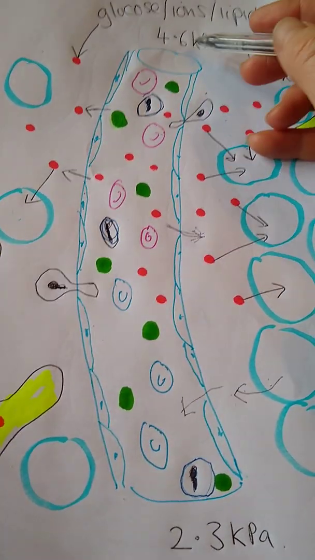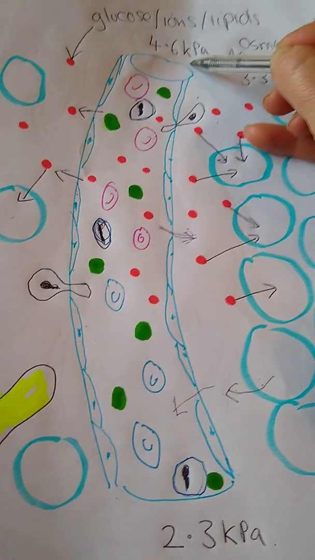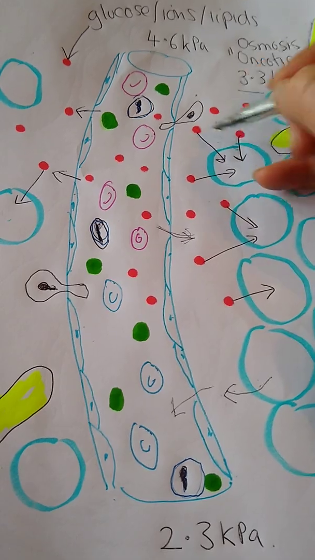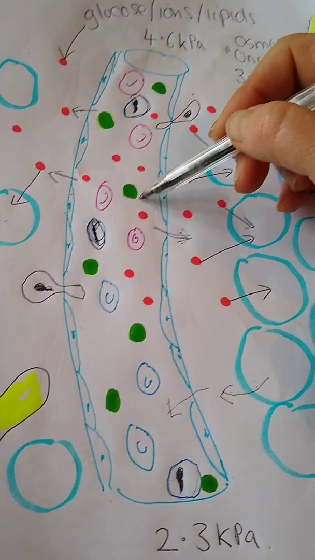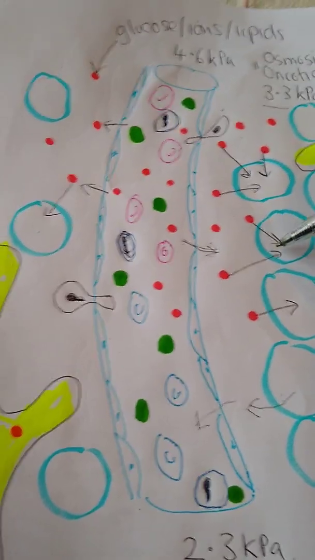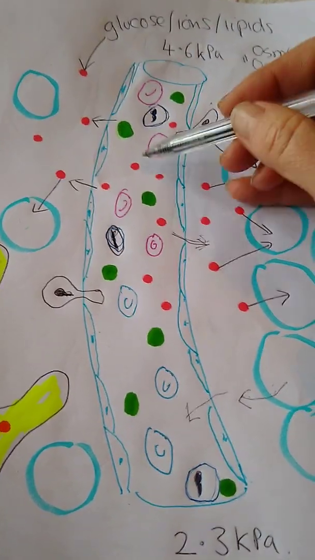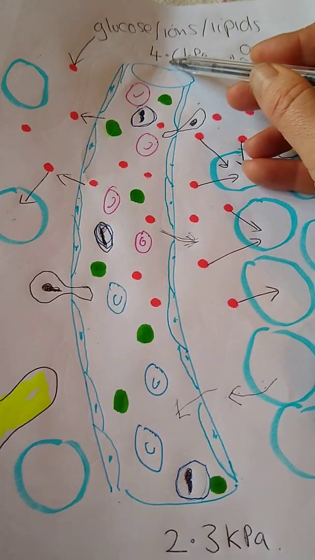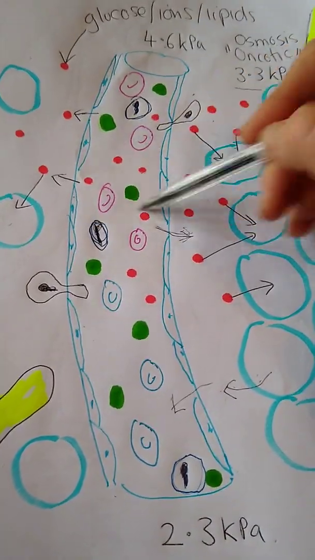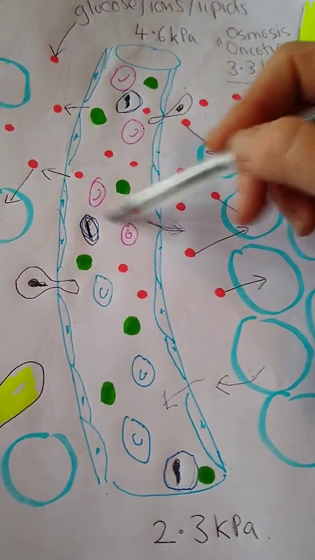So because the hydrostatic pressure is greater than the oncotic pressure, we have a net movement of water into the tissue fluid and into the cells. So the hydrostatic pressure is greater than the oncotic pressure in the top half of the capillary.